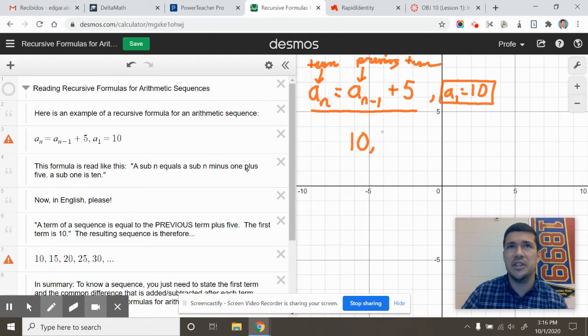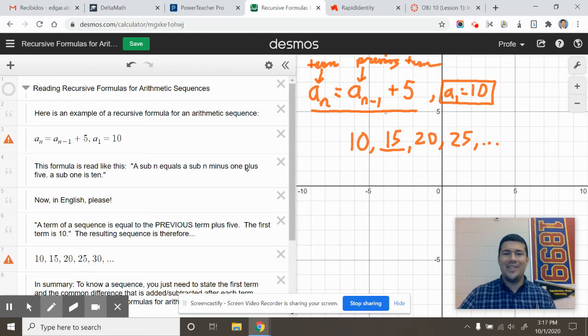Any term in the sequence is the one right before it, but 5 more. Okay, so if 10 is the number right before this guy, that means this guy's got to be, well, 10 plus 5 equals 15. And that must make this guy 20, which would make this guy 25, etc., etc., etc.